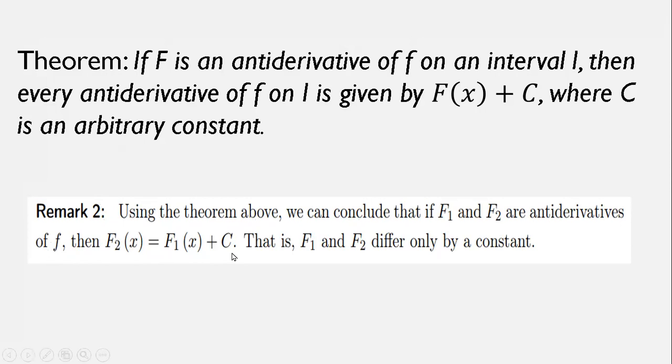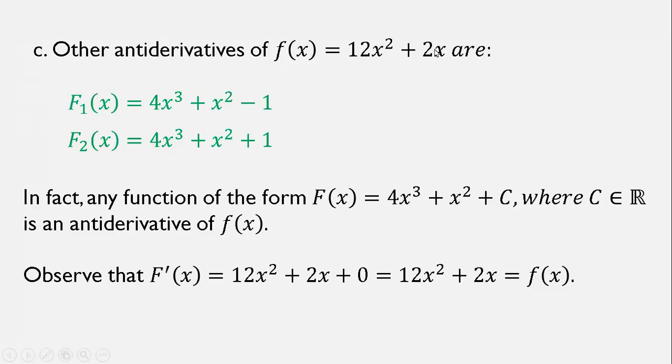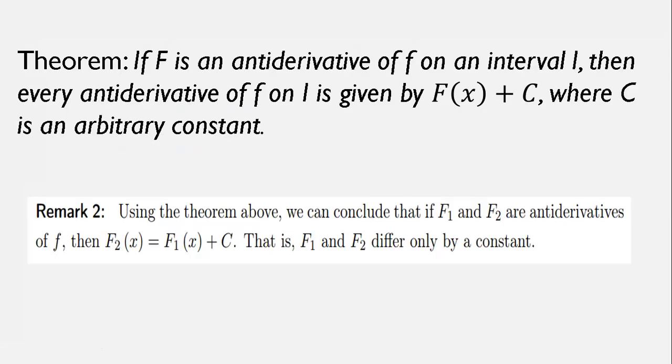That is, F sub 1 and F sub 2 differ only by a constant. So let's go back to our page. If we differentiate F sub 1 and F sub 2, we will get the same answer, which is 12x squared plus 2x. And that explains remark number 2.